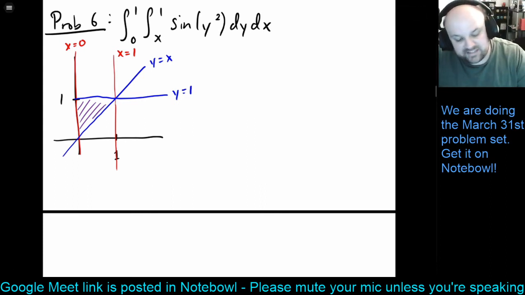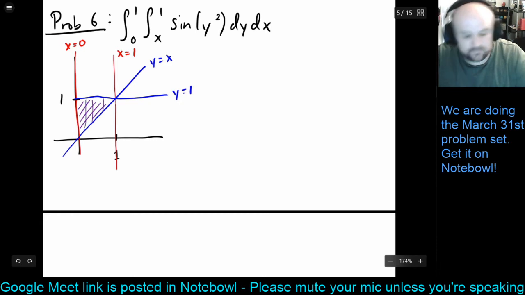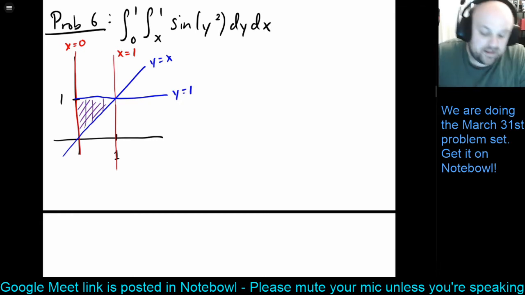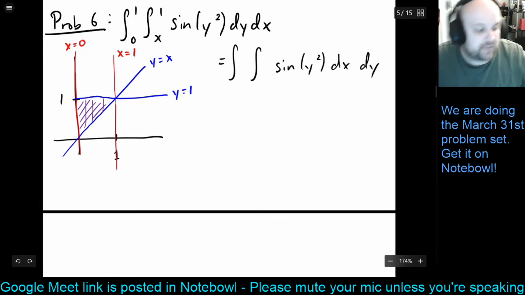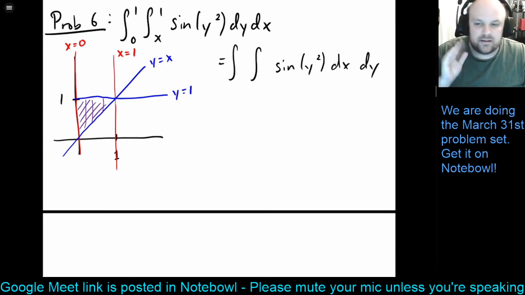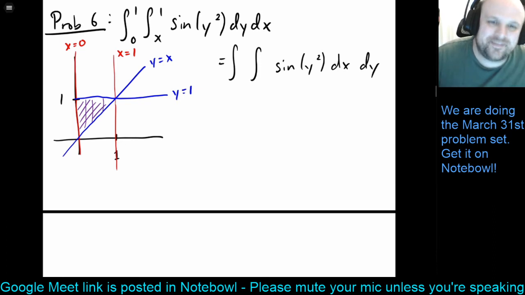Because the bottom is x and the top is 1, we know we have to be in here. Now this tells us how we can change this integral to be in terms of x first. Being able to switch the order of integration is paramount for this kind of problem.